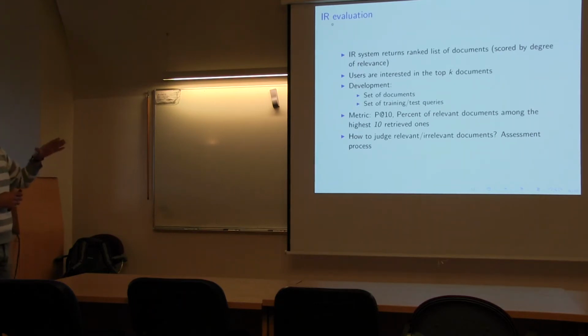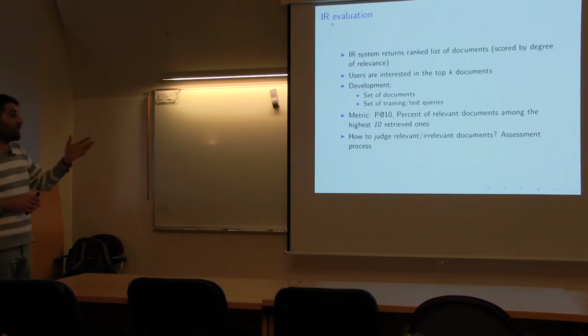Basically we care about the percentage of relevant documents among the highest 10 retrieved ones. Why only 10 documents? Because users are interested only in these documents. To evaluate the system, we want to judge whether each retrieved document is relevant to that query or not, by doing an assessment process.